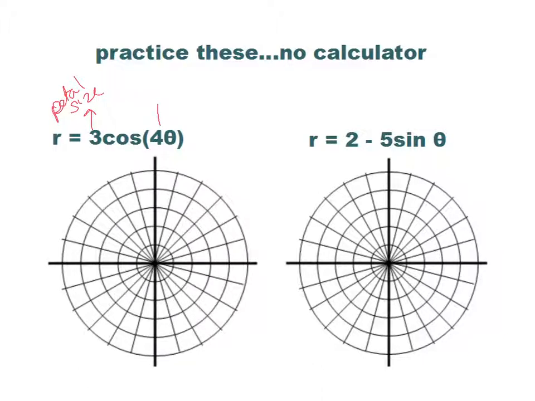Now this right here, if you look back, is an even number. What does that tell you about your petals? You should have double that. This is going to have 8 petals. As far as where to start graphing this, if you look back at your notes, we said if this is cosine, the very first point falls right here on the x-axis.